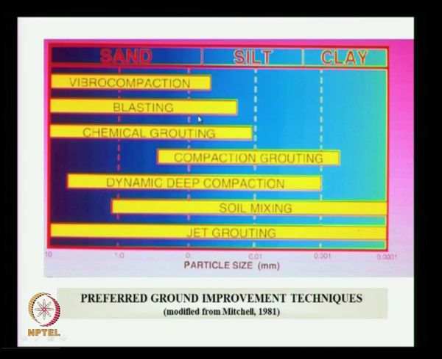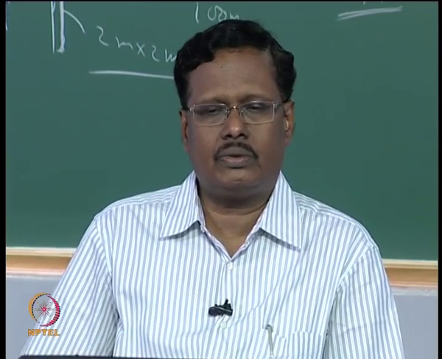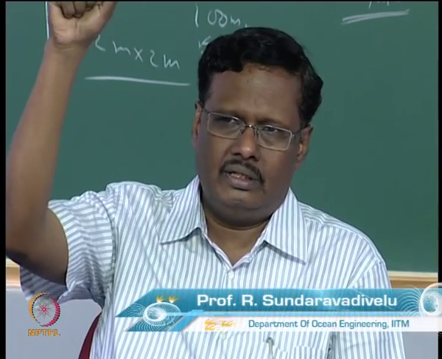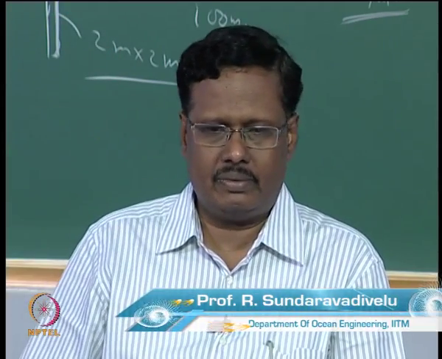Blasting means we do some controlled blasting, we drill a hole, put some explosives and then blast it so that the soil gets improved. Normally after every earthquake you may have quicksand conditions, sometimes the soil also gets improved. The compaction also can be done using some large weight, using a crane you lift the weight and then drop it from a height on the surface itself, so that the compaction takes place.